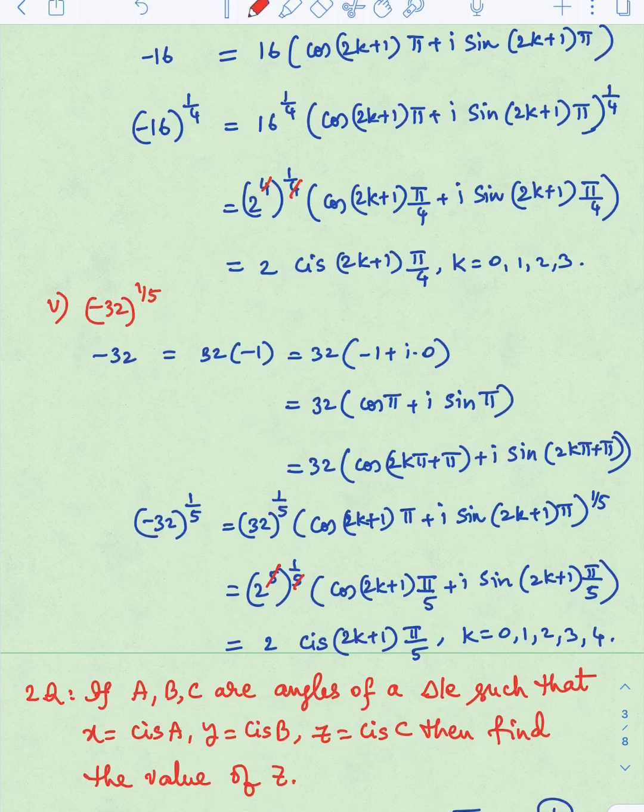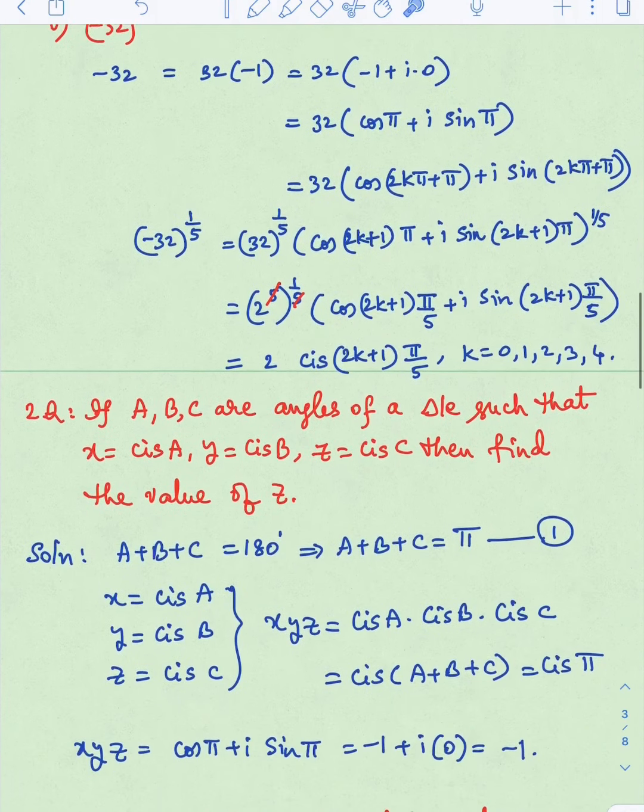Here also 5 is cancelled, so you get only 2. This can be written as 2 cis of (2k plus 1) pi by 5. And then substitute values of k. What is there in the question? 1 by 5, so there are 5 roots, from 0. You can count them, you get 5 roots. That's all.